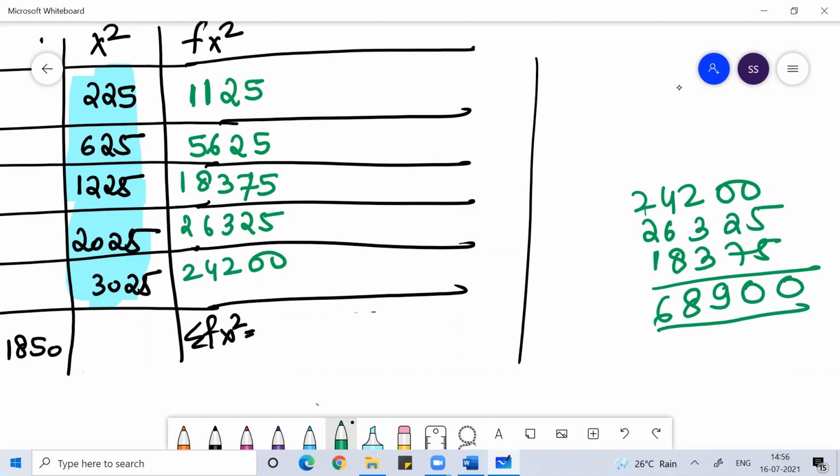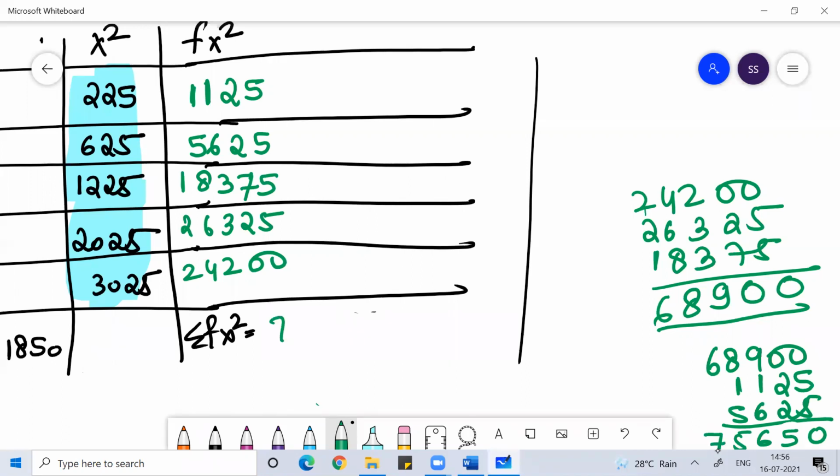So 24200, then 26300, then 18375, then 68900, and then on this 68900 add 1125 and 5625. If you add, you will get 5. Then this is 10, 16, 1 carry, 9, 10, 15.